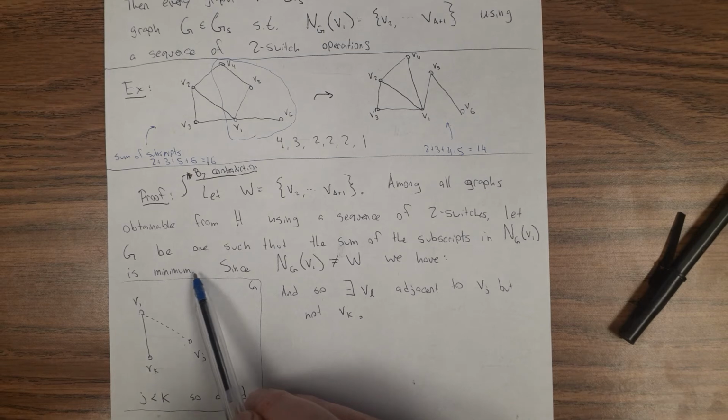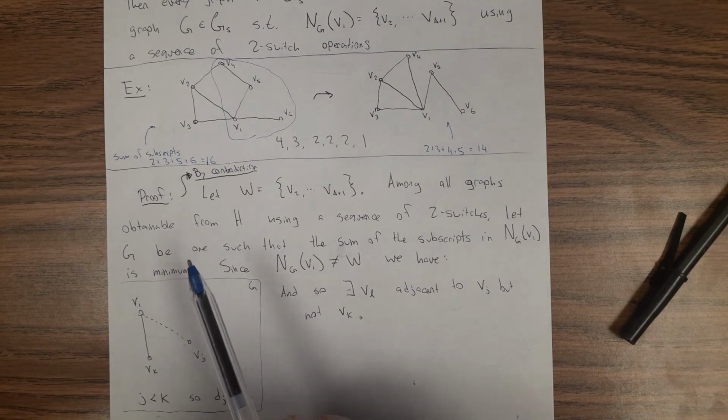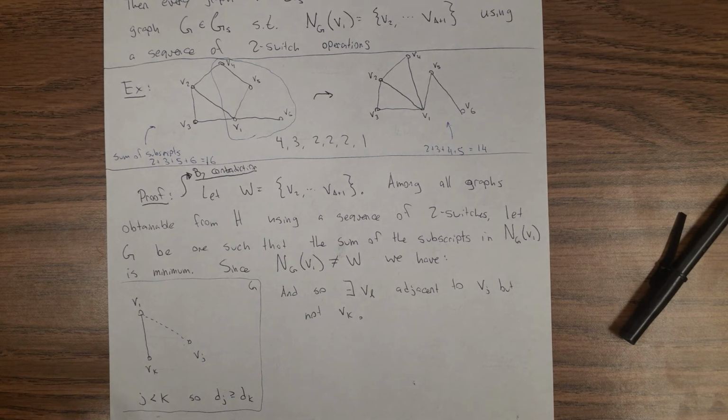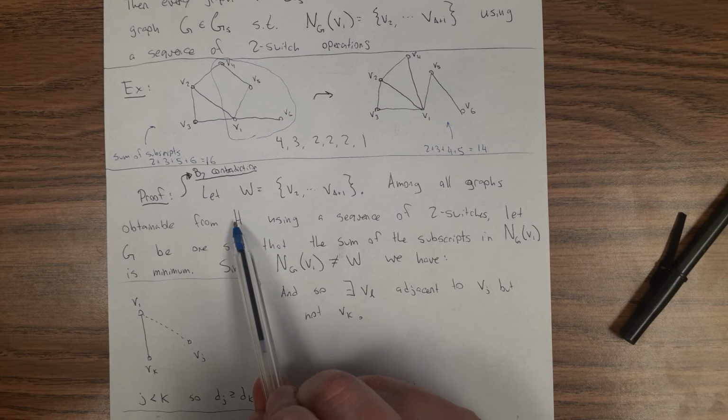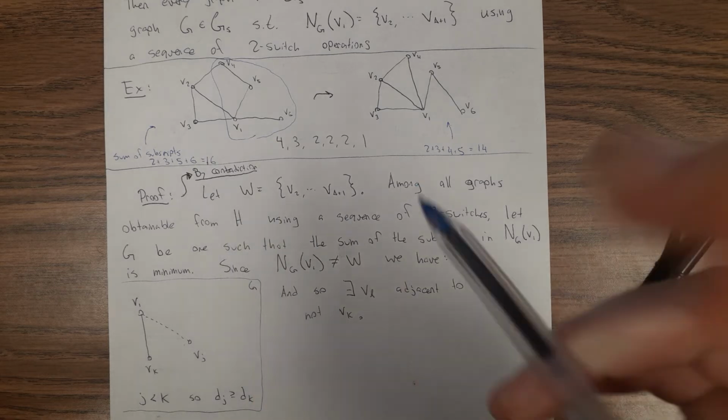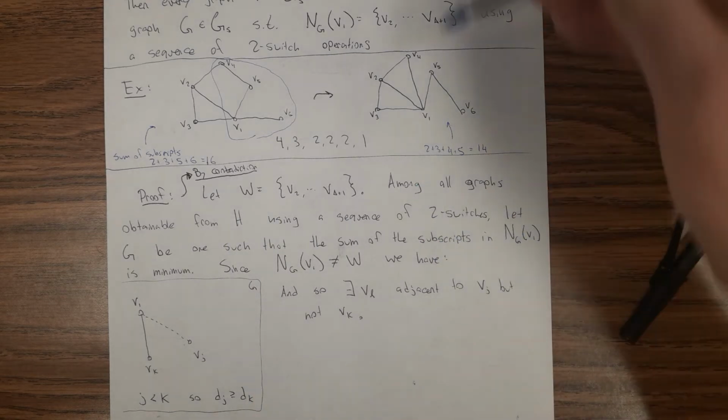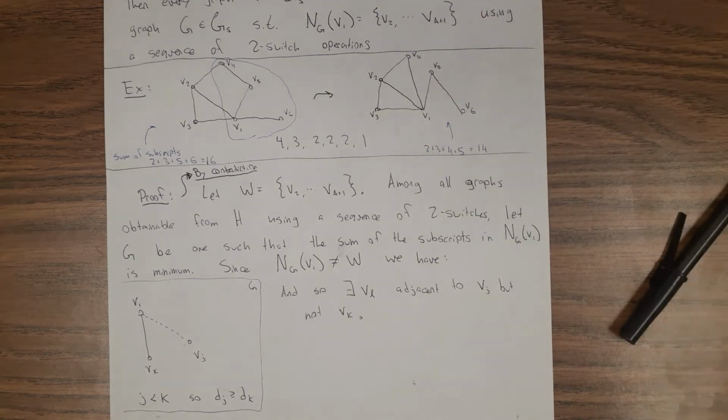Okay, so we're here. Since this is a proof by contradiction, we're assuming that it's not possible to get from H to a graph with the special property where the neighborhood of V1 is in a consecutive block like this.